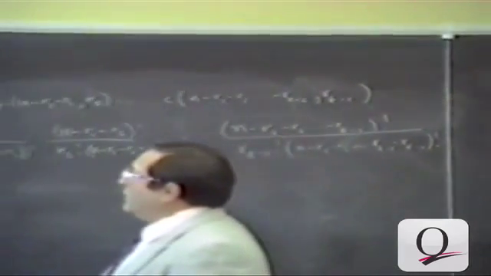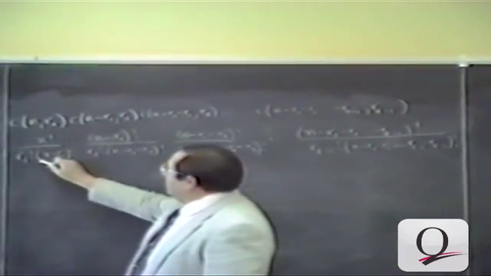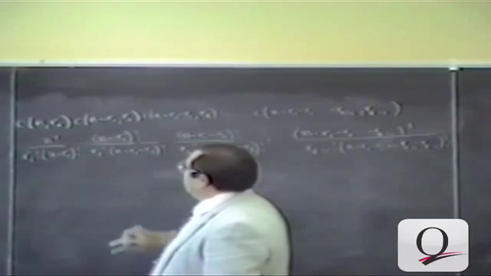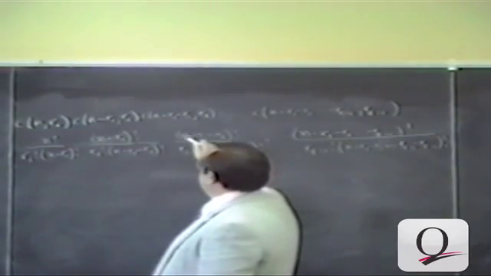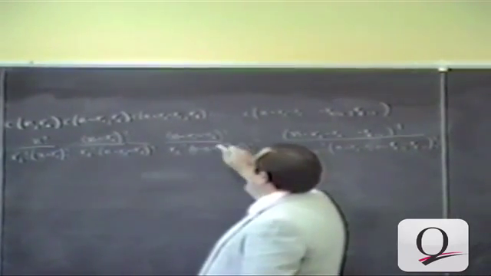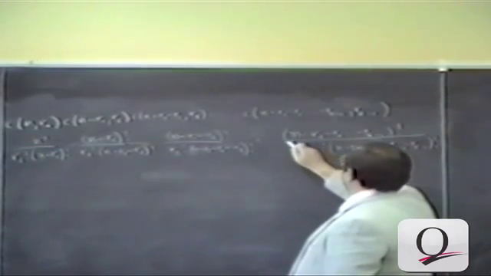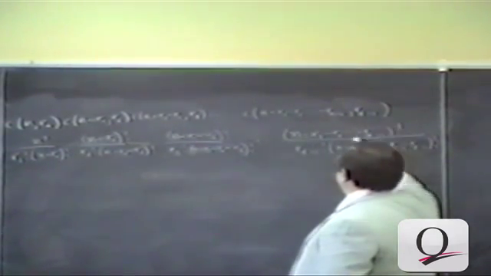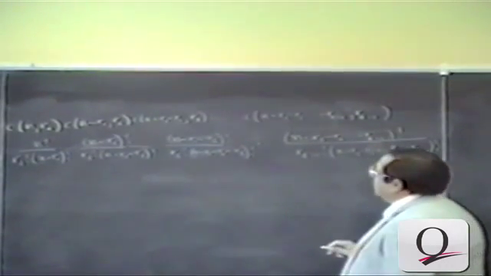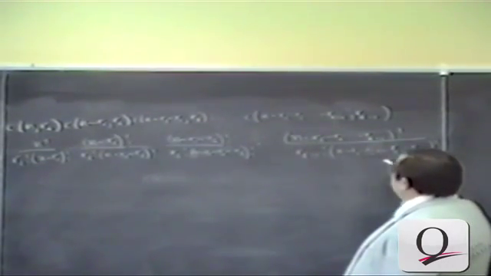So you see that many things will cancel here. This is going to cancel this. This will cancel this. This will cancel whatever the next one is. And this here will cancel this one. And what am I left with? Well, what is this?